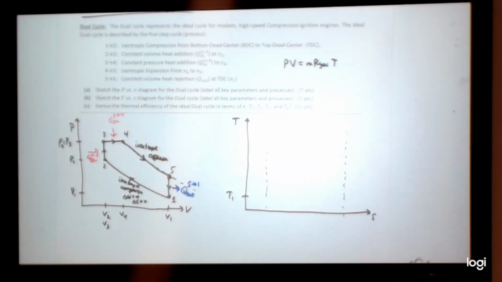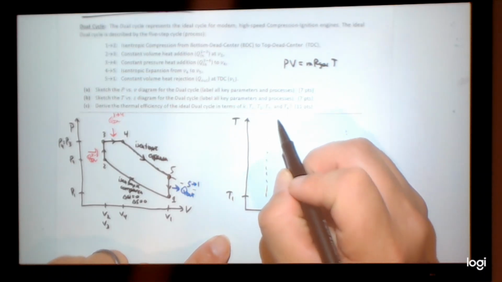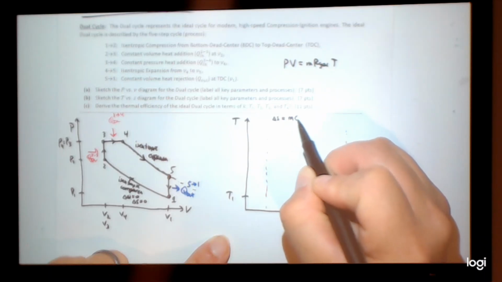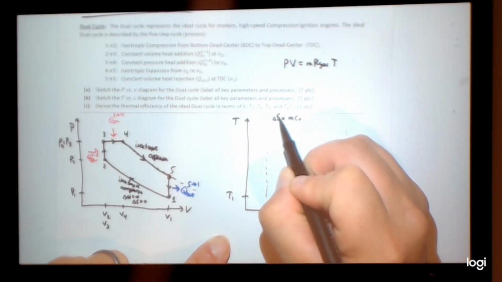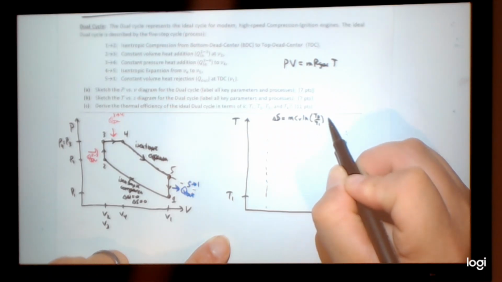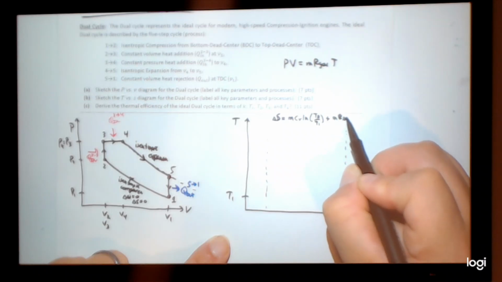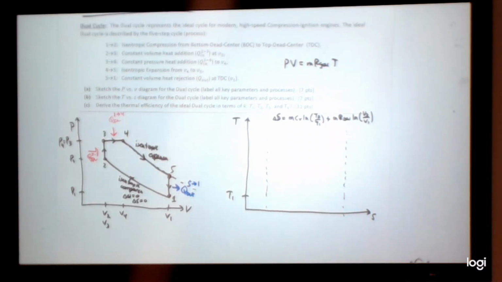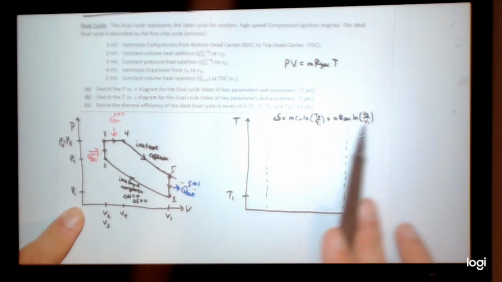And then we can also look at it from the context of a TdS relationship, right? So let's write an equation for a TdS relationship. So I have delta S equals mass C_V, this is a big S, natural log T2 over T1, plus M R gas natural log V2 over V1. Well, V2 is less than V1. This is a negative number, right?